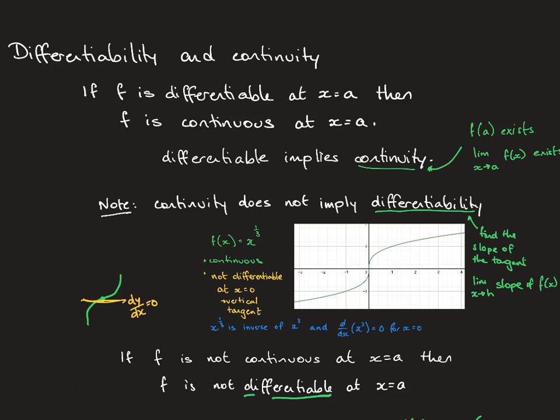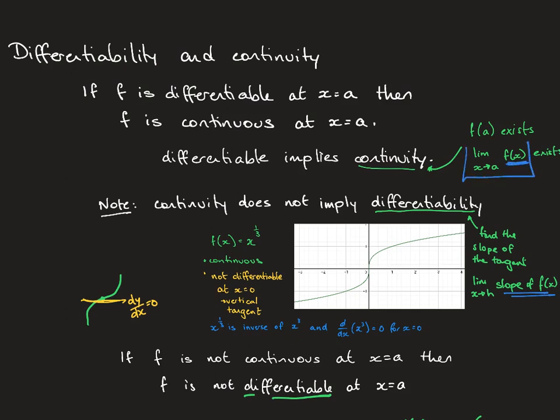The reason for that is that continuity is looking at whether the actual function exists, and differentiability, although it is also a limit, is actually the limit of the slope of the line. So it's not the same thing.